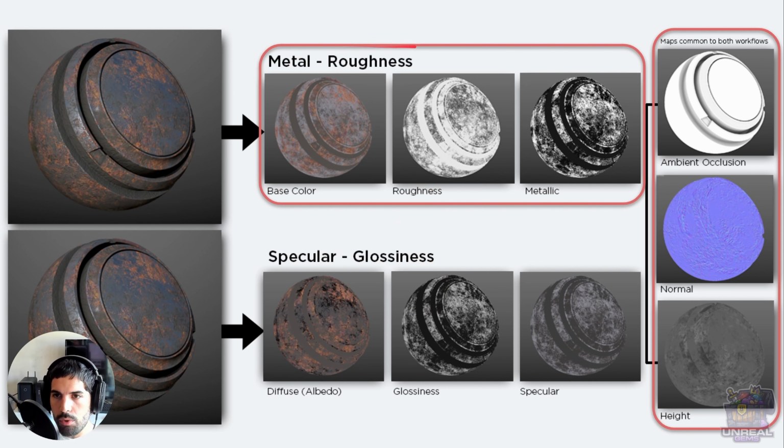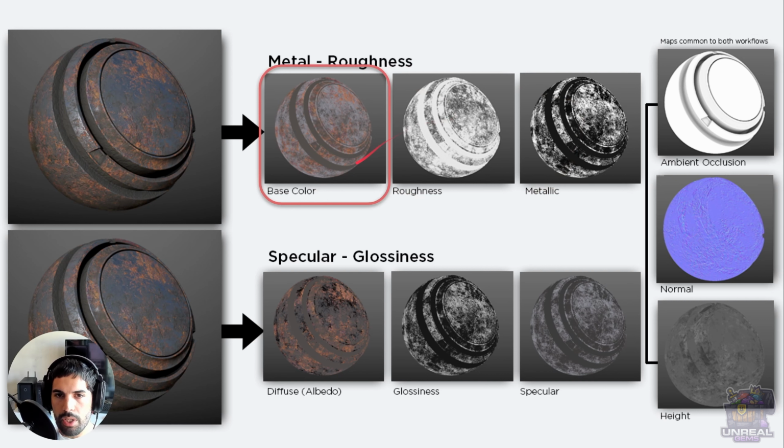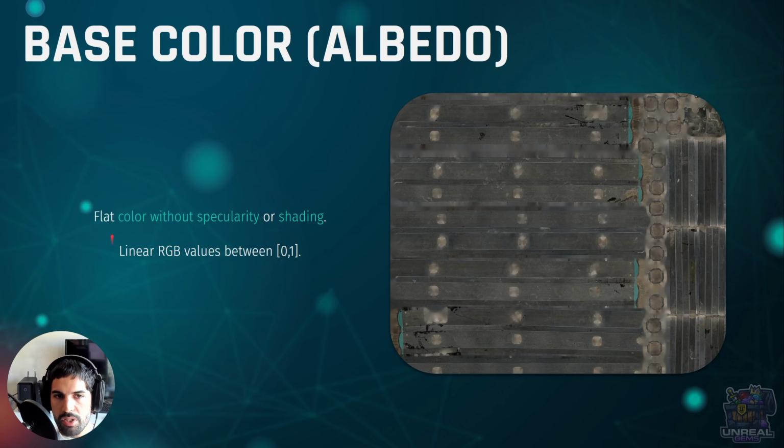So, okay, let's look then at the first maps that we will encounter in the metal roughness workflow. First of all, we have the base color. This map represents the color of the object, but it represents the color without specularity or shading. That means without shadows and without specular highlights.